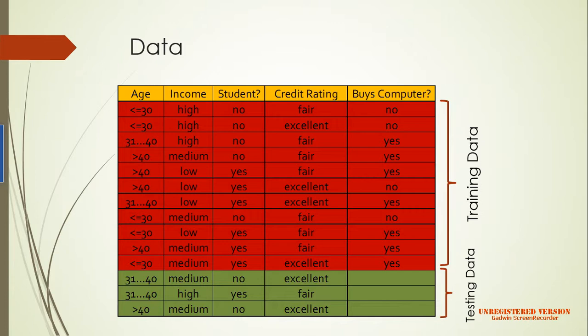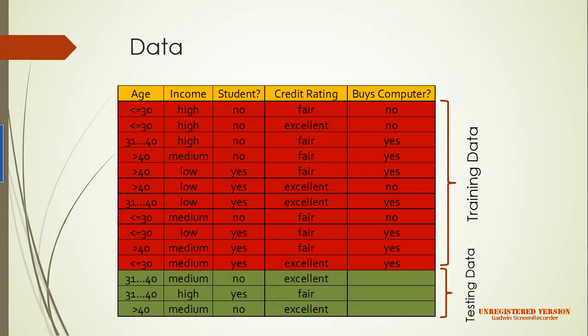Now, to get into the detail of data mining, let's see this data. This is to predict whether a person is going to buy a computer or not. We have the age attribute of the customers, the income attribute, whether he's a student or not, whether his credit rating is fair or excellent, and whether these people buy computers or not.